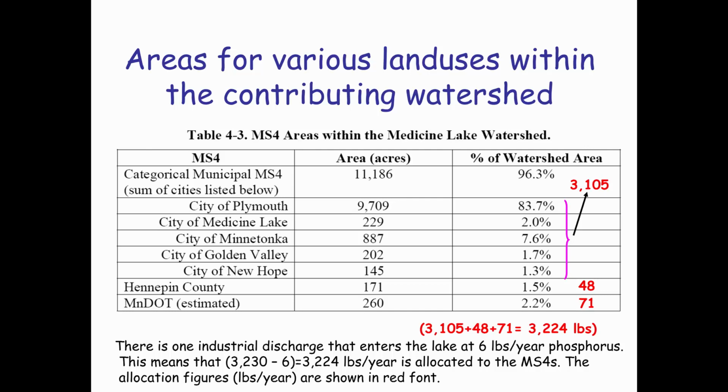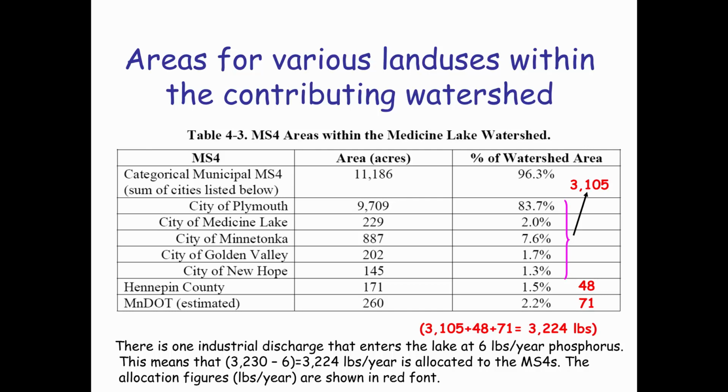And this gives detail on those MS4s. Other sources would be MnDOT because of Highway 494 and 394. So the watershed is mostly made up of MS4s. 96.3% of the watershed is made up of MS4s.